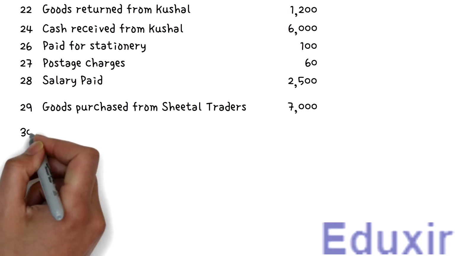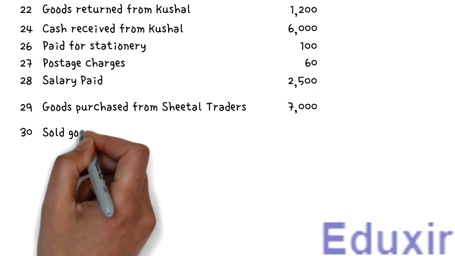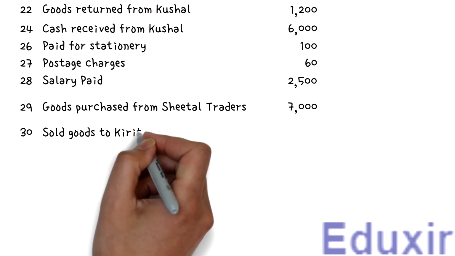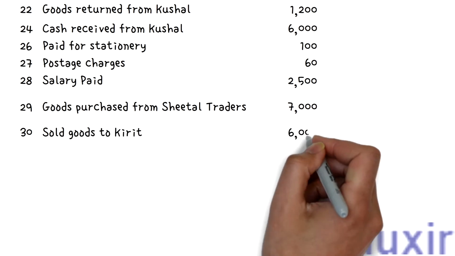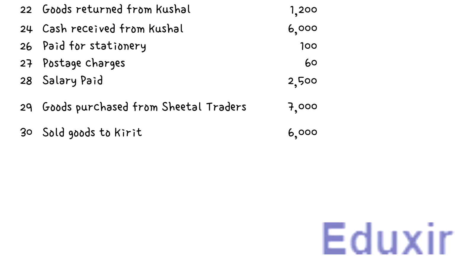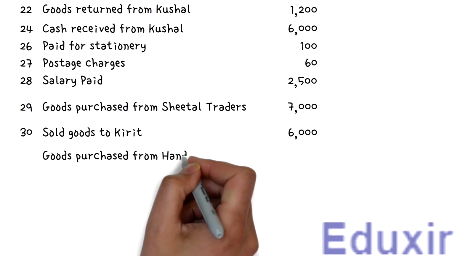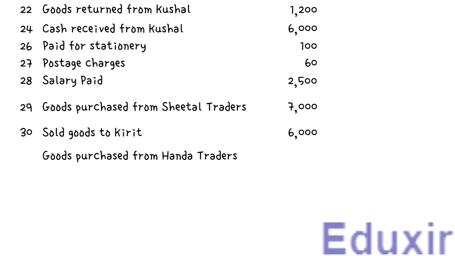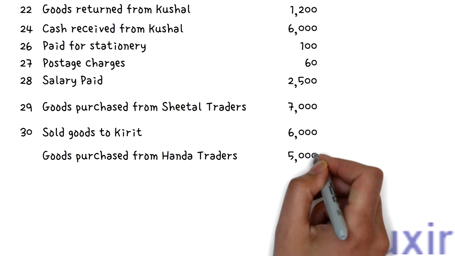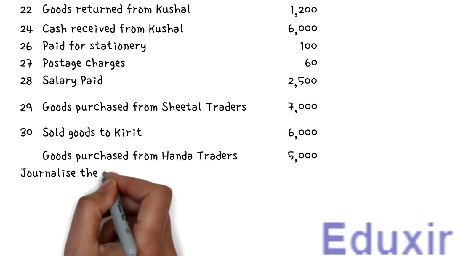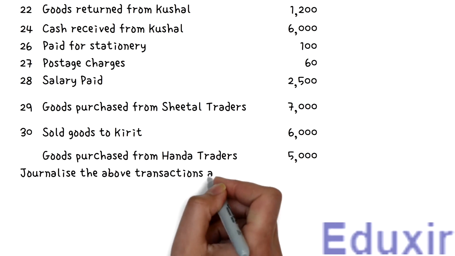On 30th April, sold goods to Kirit 6,000 rupees. On the same day, goods purchased from Honda Traders 5,000 rupees. Generalize the above transactions and post them to the ledger.